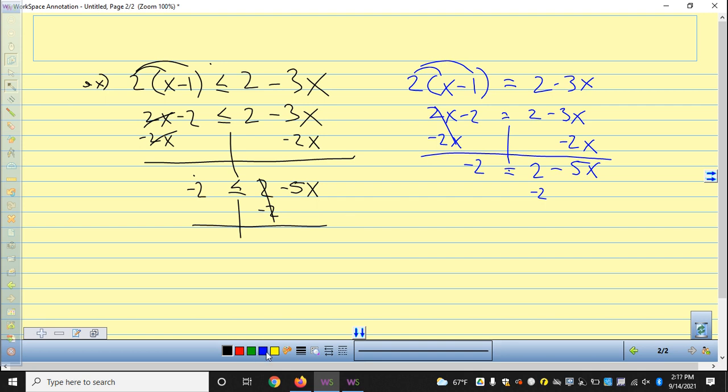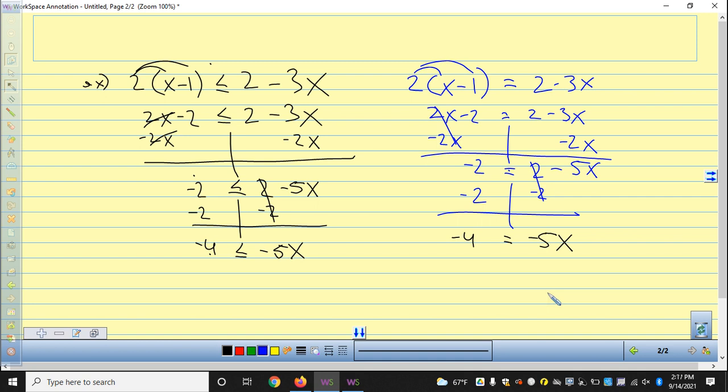Those go away. Whoops. Got to subtract 2 from both sides. Got a little ahead of myself. Negative 2 minus 2 is negative 4, less than or equal to negative 5x. Negative 2 minus 2 is a negative 4, equals negative 5x.